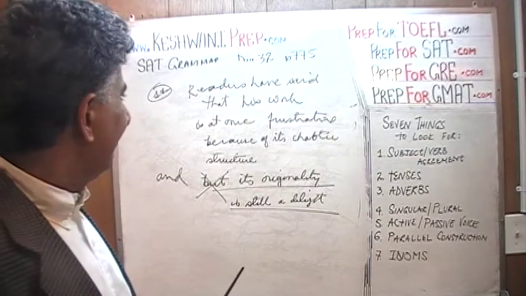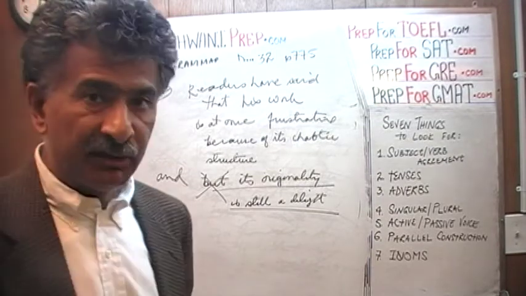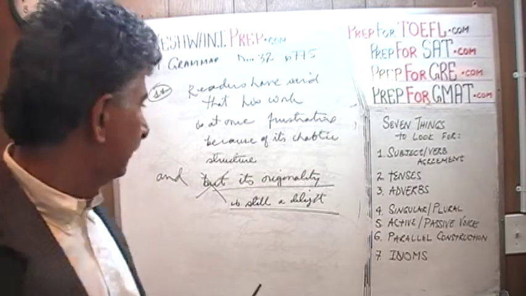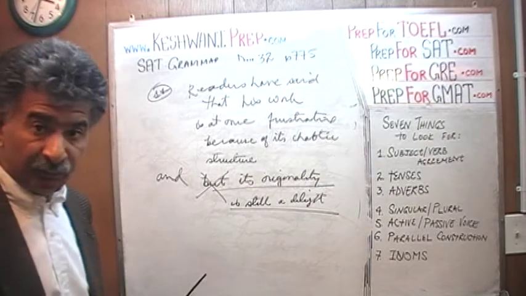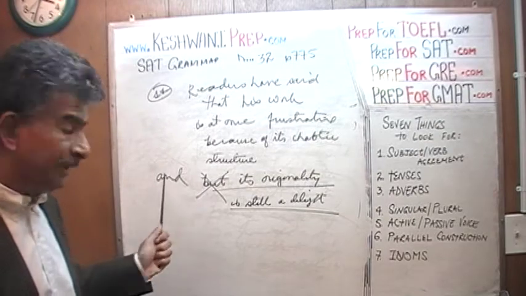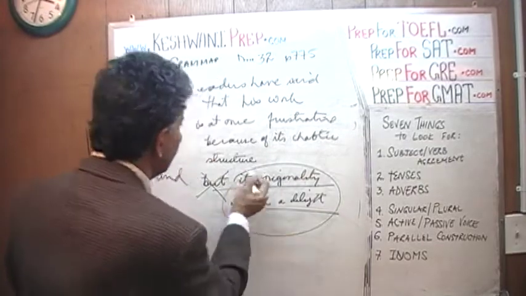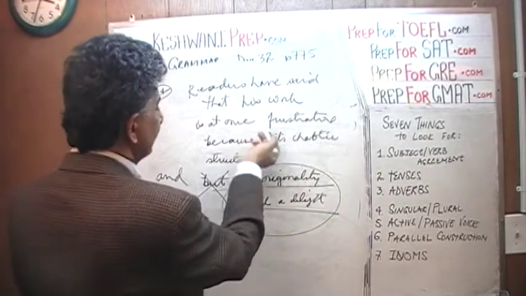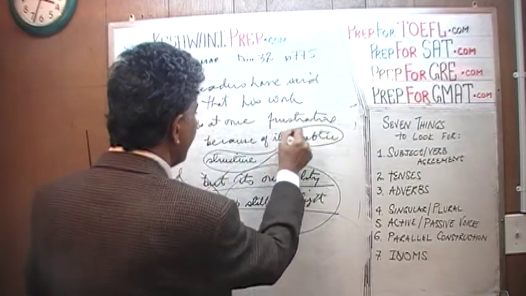Readers have said that his work is at once frustrating because of its chaotic structure and what? And that's the first problem: not but, we need the word and. And this part has to be changed into a noun, because we talked about it is frustrating because of its chaotic structure. Chaotic structure is a noun.